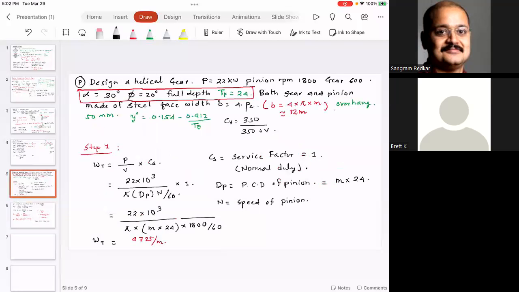However, in this problem, they have specified the value of sigma. Sigma naught is equal to 50 Newton per millimeter square. So this is given.